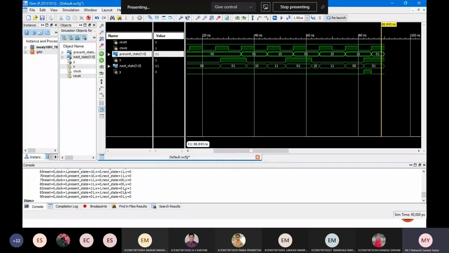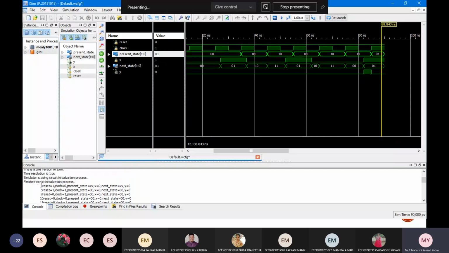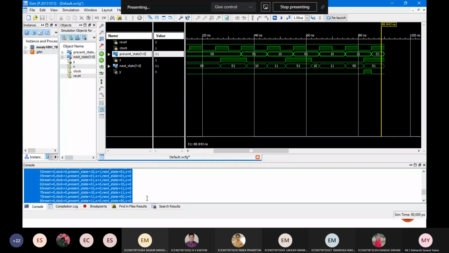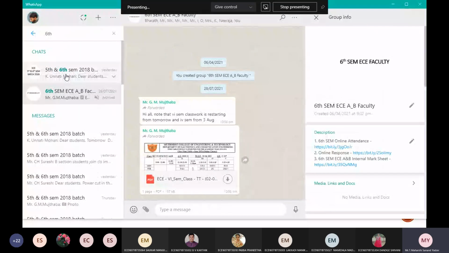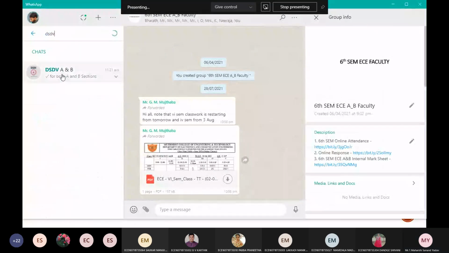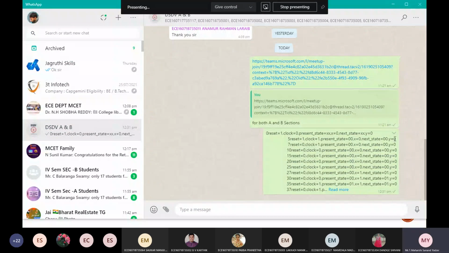Simply based on our state diagram, I've written this code and I got the result. This is our console window. You can observe the result here. I'll share this answer, tell me whether we are right or wrong. Okay, this is the result which we got for the Mealy finite state machine.